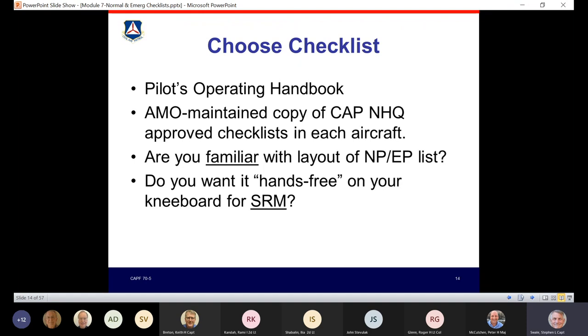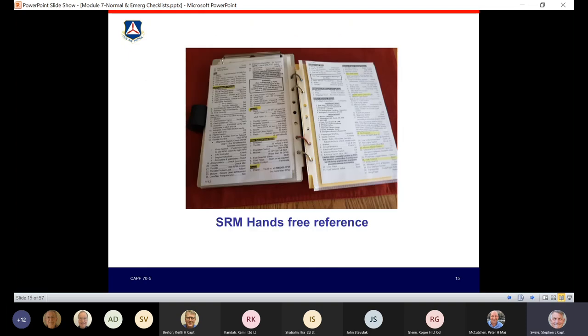Or do you want to print one out yourself and put it on your kneeboard, something like this, so that you have a quick reference to whatever pages you're interested in? This is a picture of what I do. I put the emergency procedures on the top leaf, so if I needed to get to the engine failure pages, I immediately close my checklist leaves there, and I'm looking at engine failure.